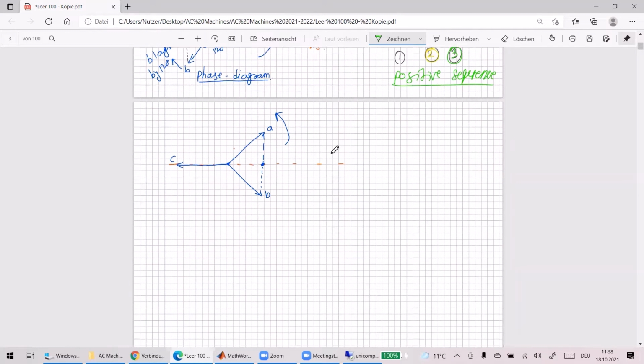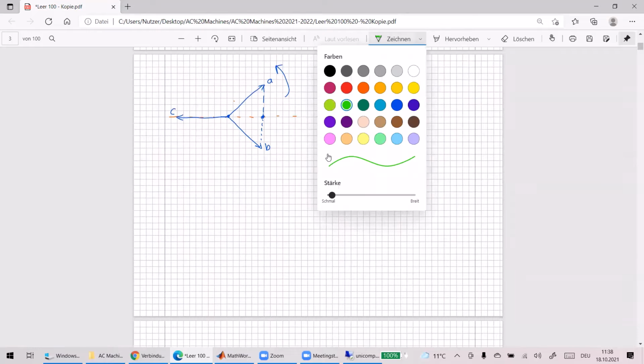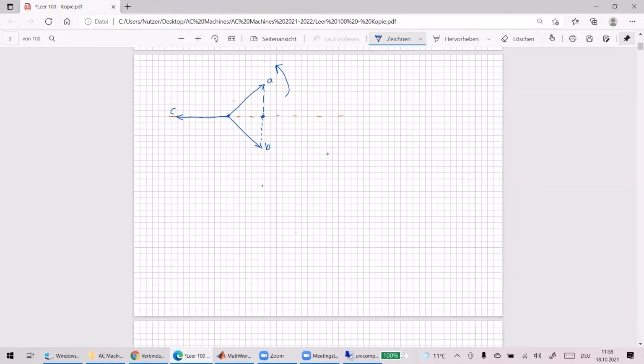And let's draw the state space diagram for negative sequence voltages. Again, I will try to draw triangles.